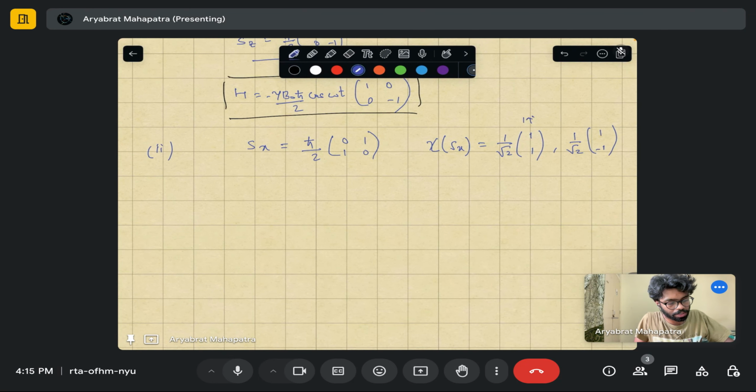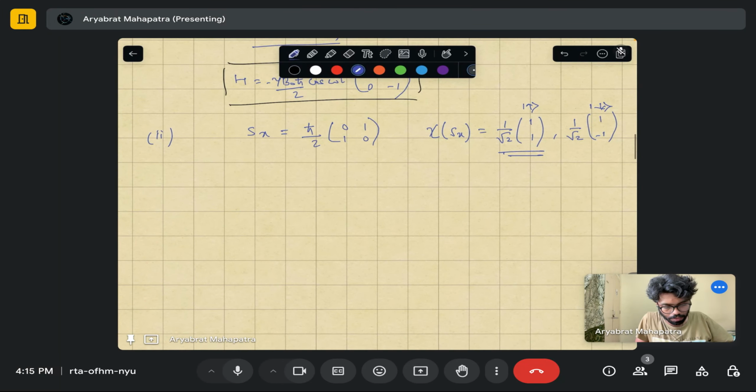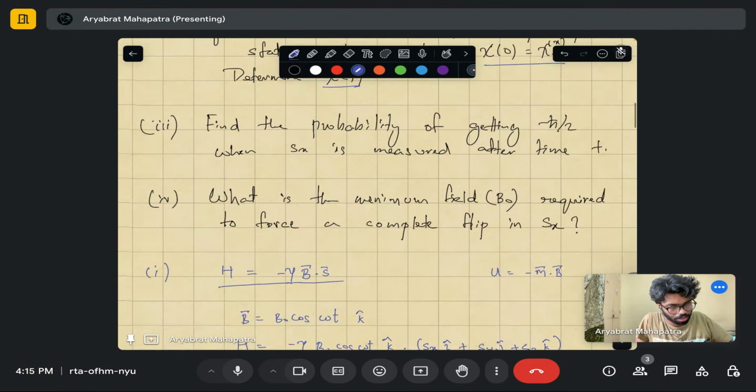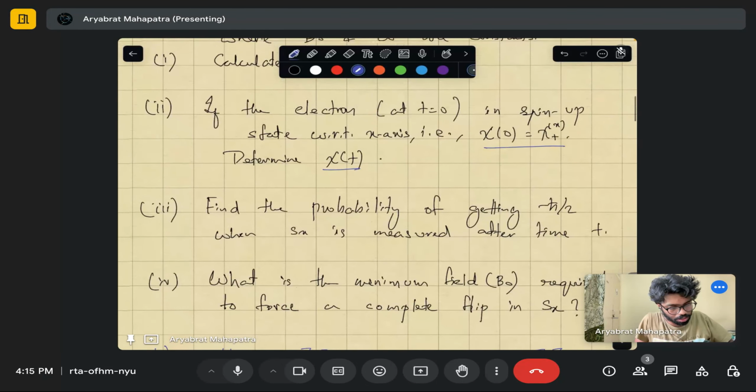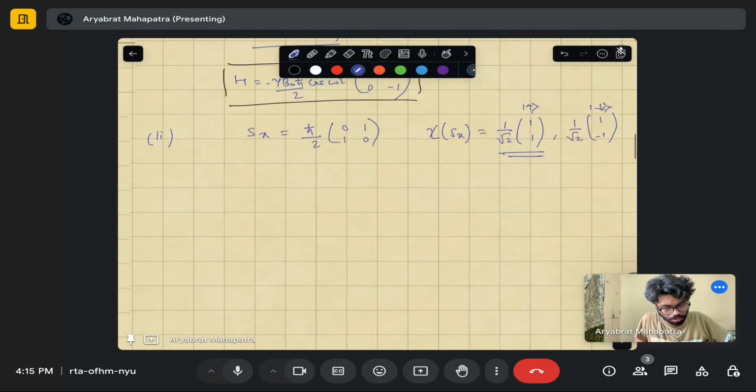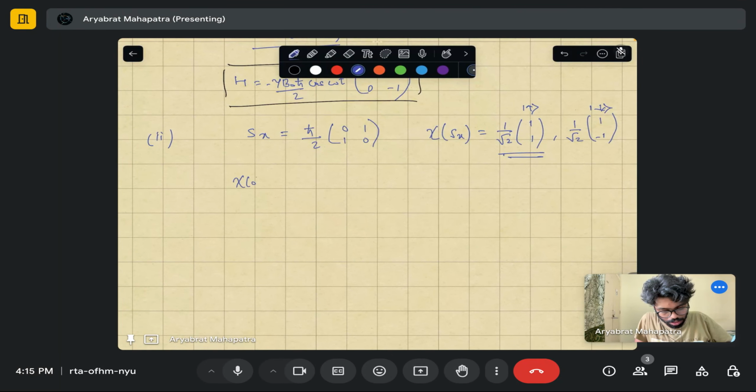Let's say this is the up state and this is the down state. The initial state of the electron is given as chi of 0, that is 1 by root 2 times (1, 1).